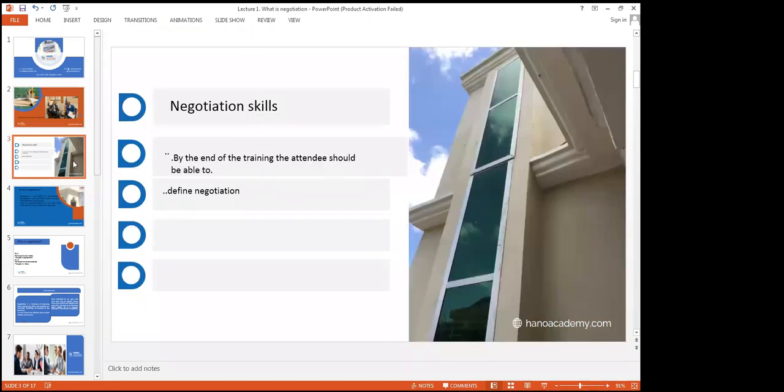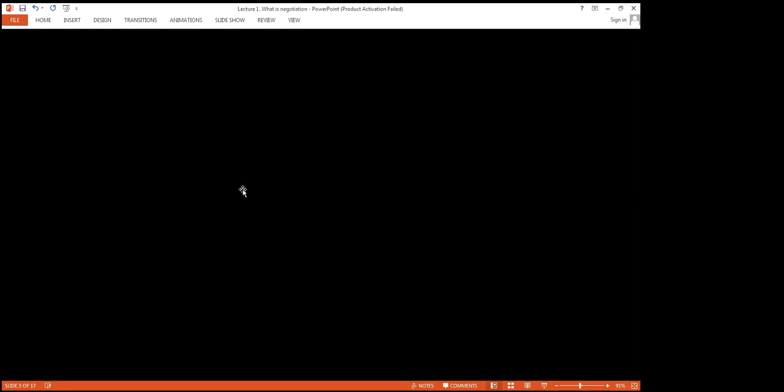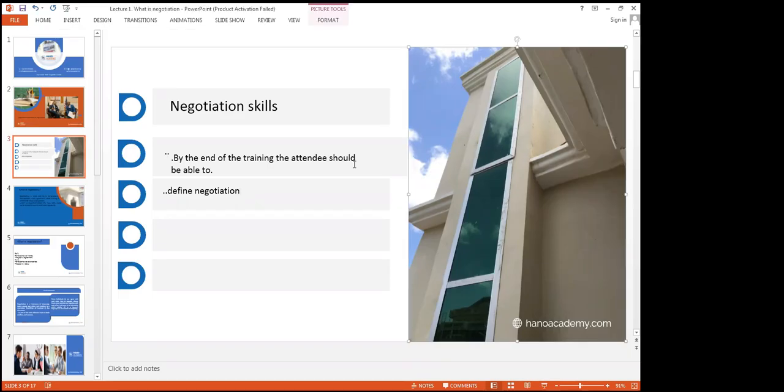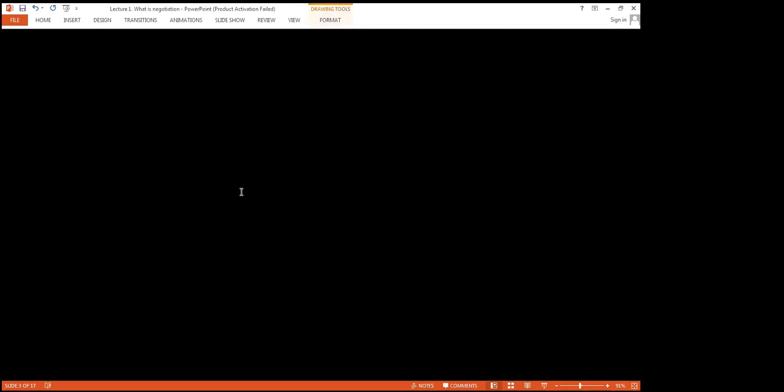So here we are going to define what is negotiation. By the end of the training, the attendee should be able to define negotiation. So by the end of this session, the key focus is the definition of the term negotiation.